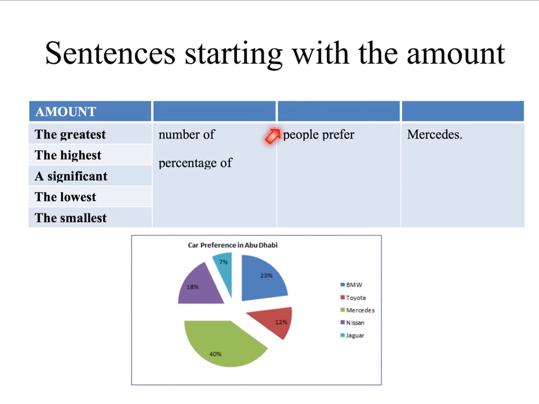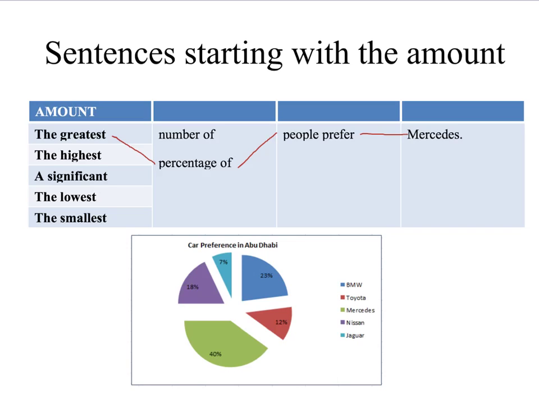This is the topic. Prefer came from the title, car preference. The final piece of information is the car that we're talking about. This came from the legend. I can say that the greatest percentage of people prefer Mercedes.